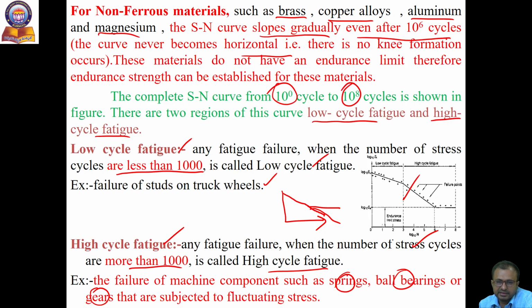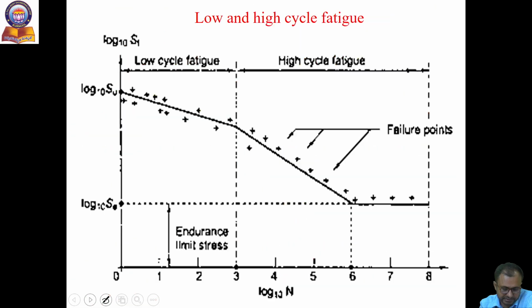Generally, these mechanical components withstand up to 10 to the power of 6 revolutions. I have clearly placed a diagram: low cycle fatigue is up to 10 to the power of 3, and high cycle fatigue is above 10 to the power of 3 and up to 10 to the power of 8.